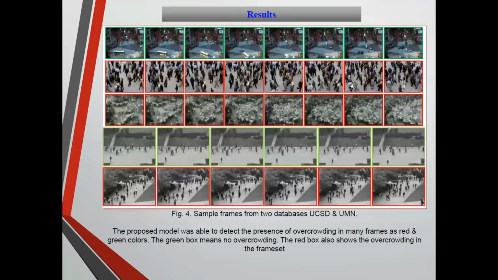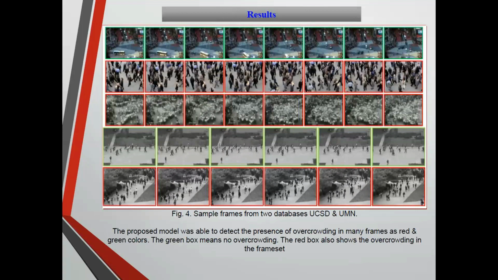See the results. Here are sample frames from two data sets, UCSD and UMN. The proposed model was able to detect the presence of overcrowding in many frames as red and green. A green box means there is no overcrowding.